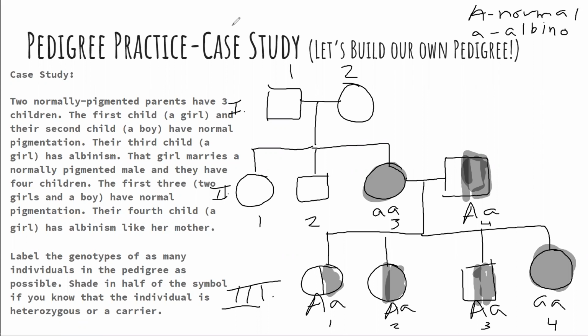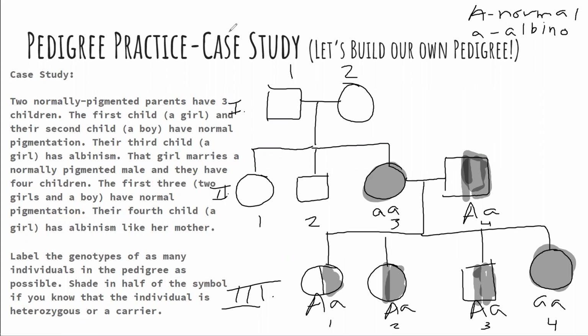So let's try to figure out generation 1's genotypes and generation 2's individual 1 and individual 2's genotypes too. So let's try to figure out this woman's siblings and parents' genotypes. All right, so we know that she's affected. She's got 2 recessive alleles to make her albino.